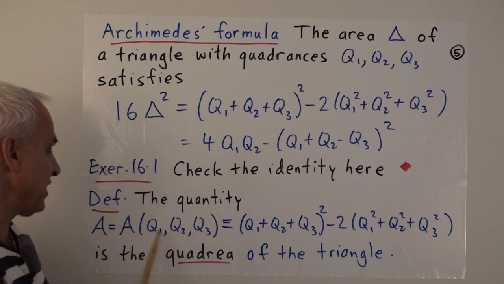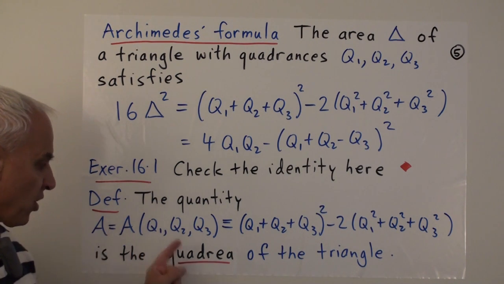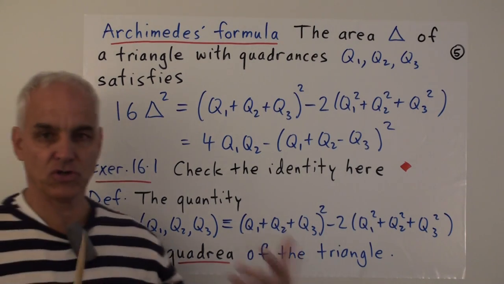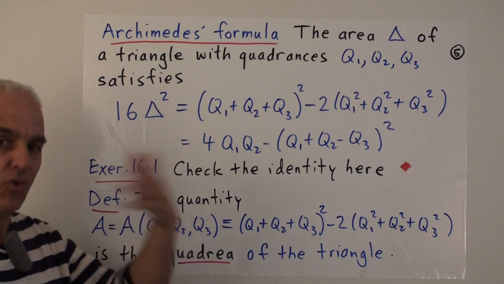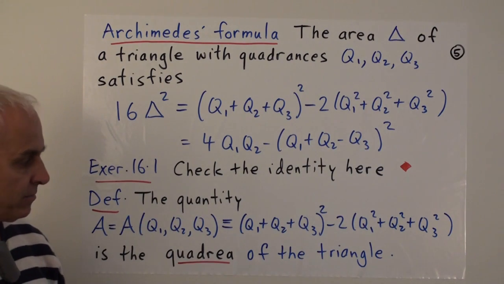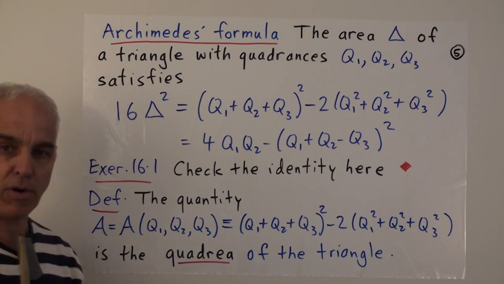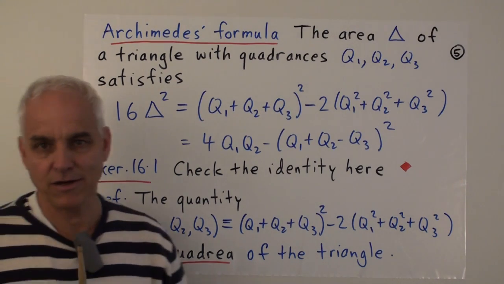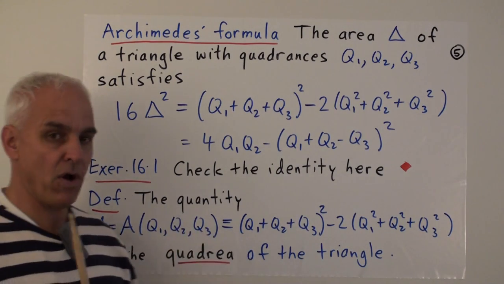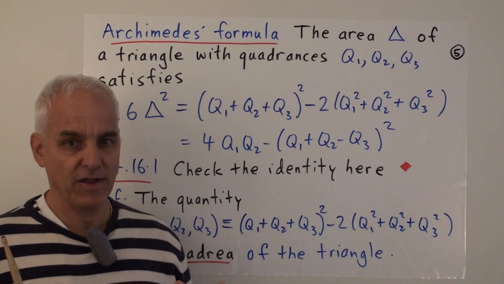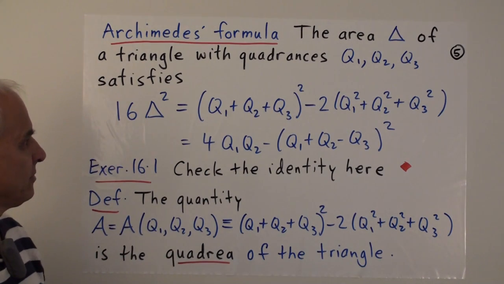We're going to think of it as a function of Q1, Q2, and Q3, and call it the quadrea of the original triangle. It's not exactly the area, it's the area squared up to this factor of 16. It's probably the single most important number associated to a triangle. It's a measure of how non-collinear, in some sense, the triangle is, and also how big it is.